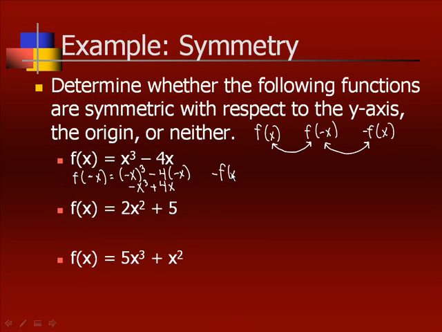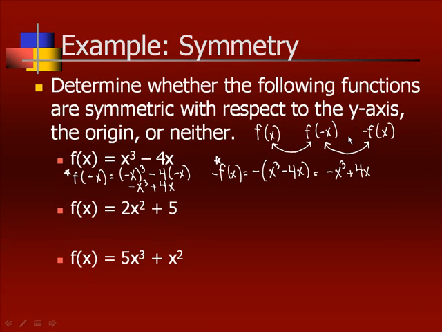But negative f of x means we're going to change the sign of the original function, which means we would get negative x to the third plus 4x. So in this case, negative f of x is equal to f of negative x, which means they are symmetric with respect to the origin.